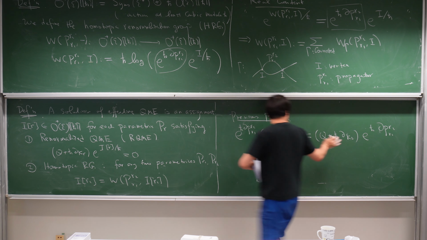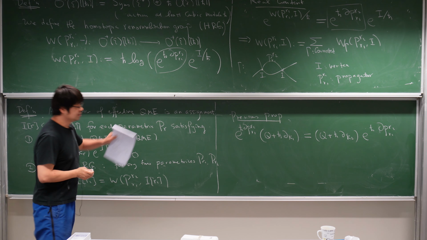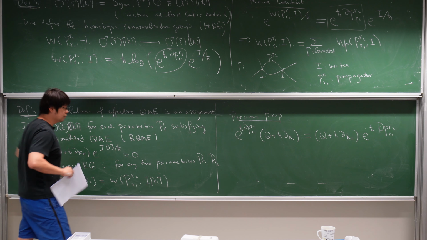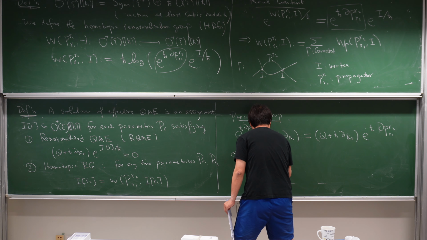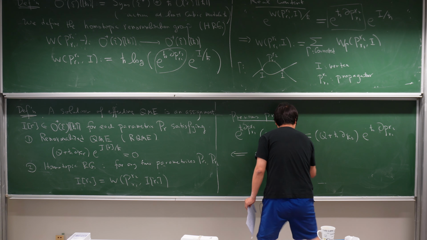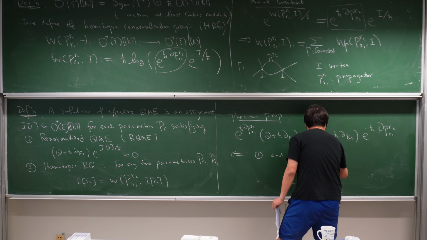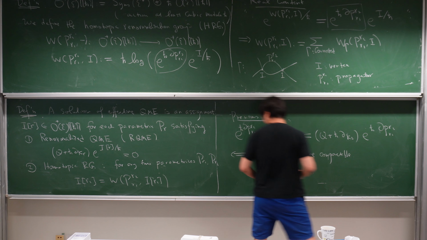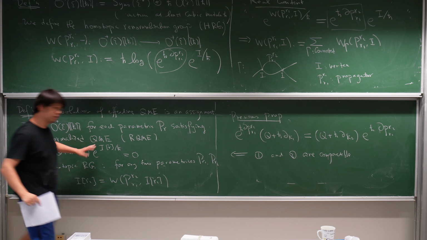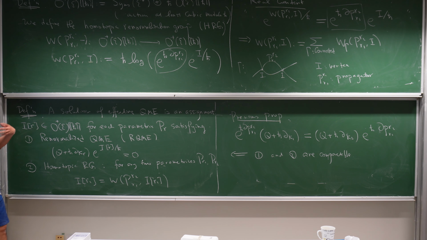This is the previous proposition, this chain homotopy. So by this proposition, you see the conditions 1 and 2 are compatible. So there's no strange thing happening.